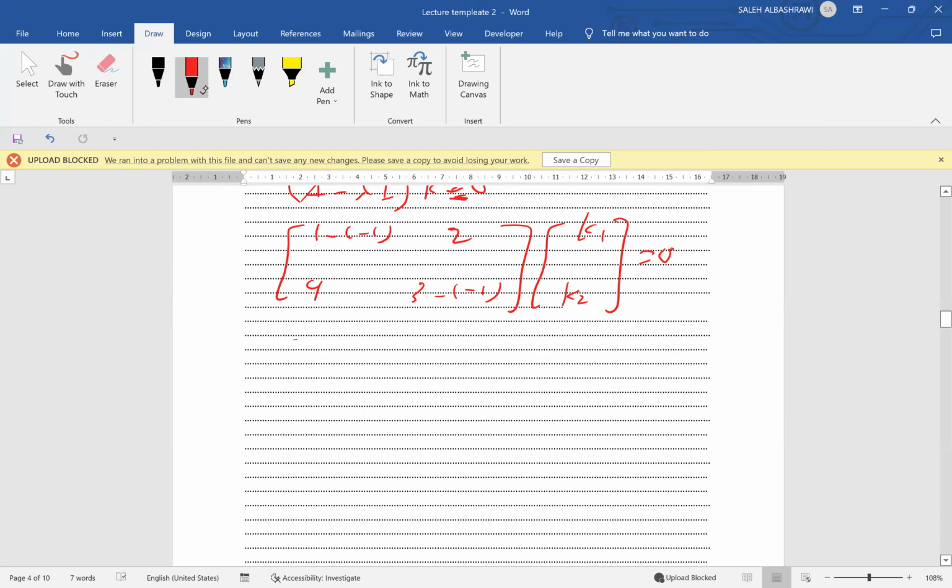This is equal to 2, 4, 2 and 4 multiplied by K1 and K2 equal to 0. Or it is 2K1 plus 2K2 equal to 0. Second equation, which is 4K1 plus 4K2 equal to 0. From this, we can find the relation that K1 equal to minus K2.